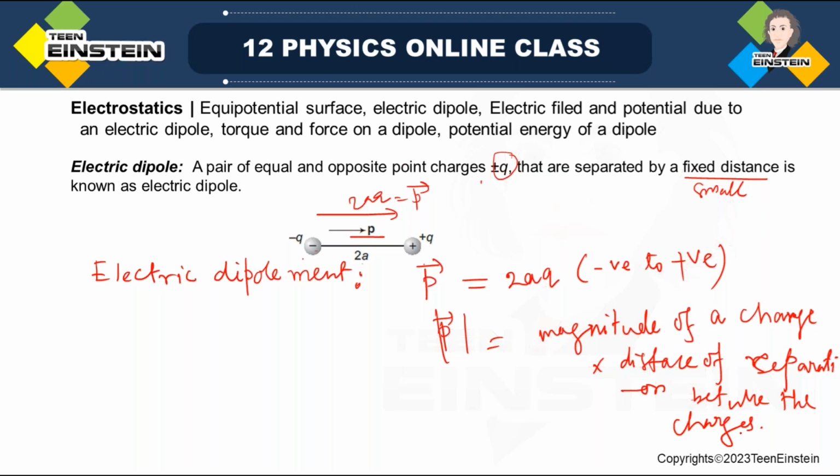So dipole moment is a vector. What is the net charge on an electric dipole? The net charge is always zero, because you have plus q and minus q, the same charge.